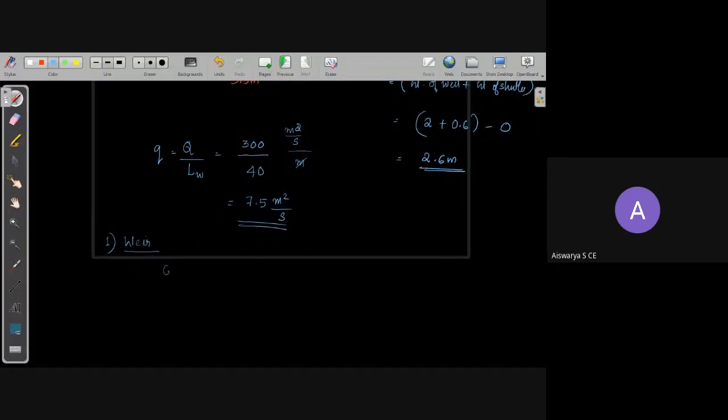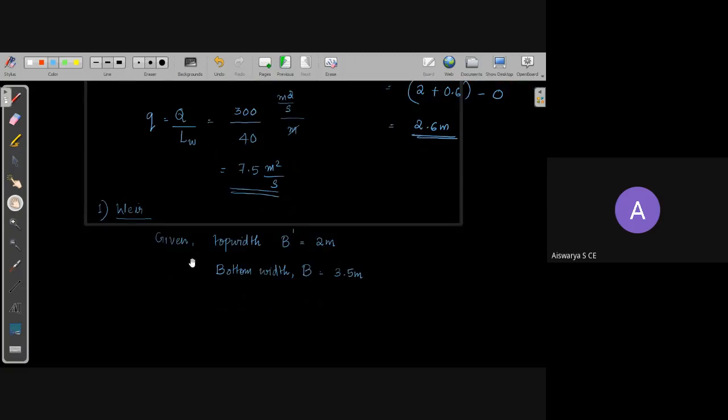So just write the given details: top width, denoted as b dash, equal to 2 meter, as well as bottom width b equal to 3.5 meter. That's all we need to do in the weir section, because the top width and bottom width are already given in the question. You just need to write them down as the given details.